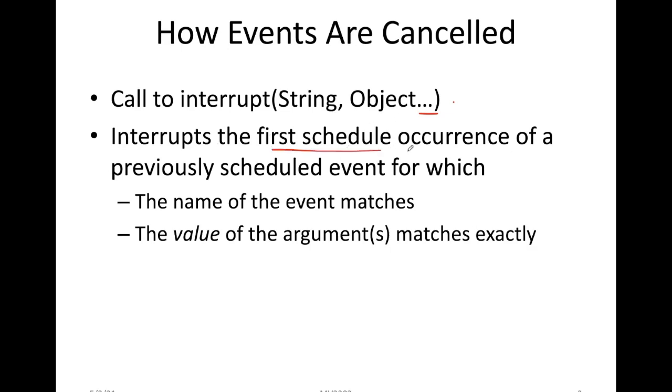It looks for the first scheduled occurrence of a previously scheduled event for which two things happen. The name of the event has to match. And then, this is critical, the value of the arguments have to match exactly. So what was happening with the renege model, the name of the event that was being canceled was called renege.